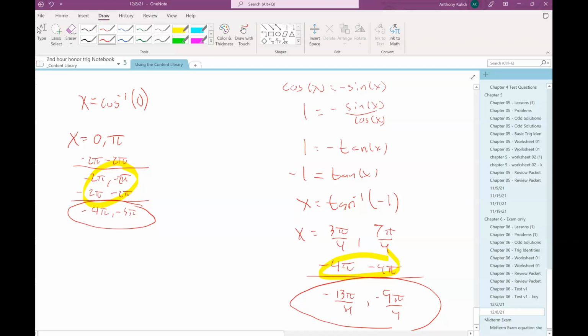Look, your dumb teacher did it again. Cosine is 0 at pi over 2 and 3 pi over 2.